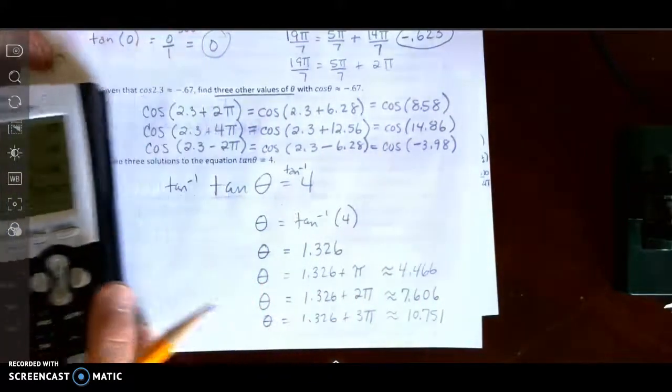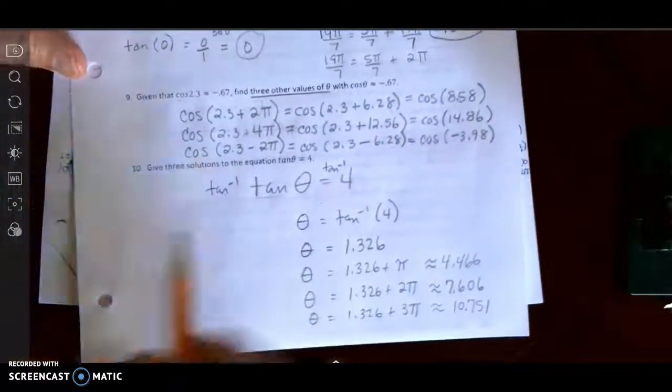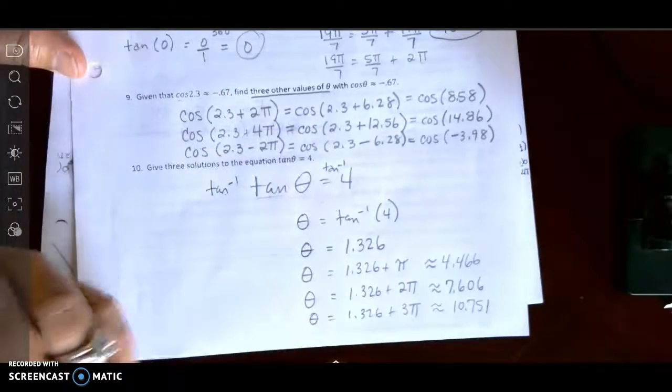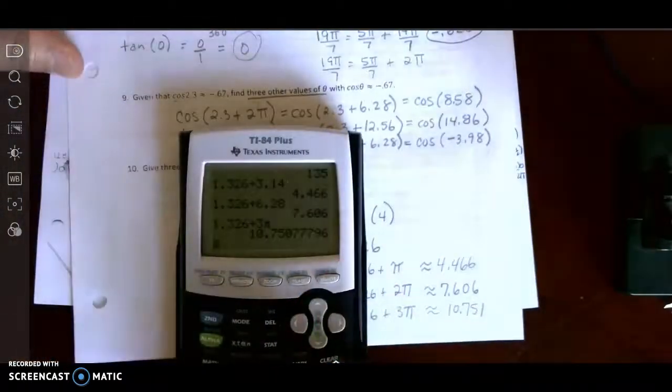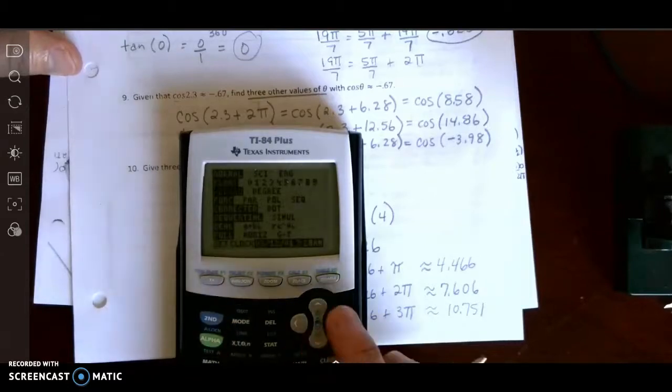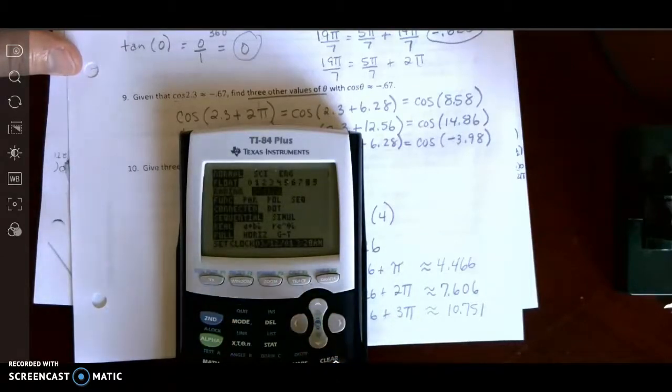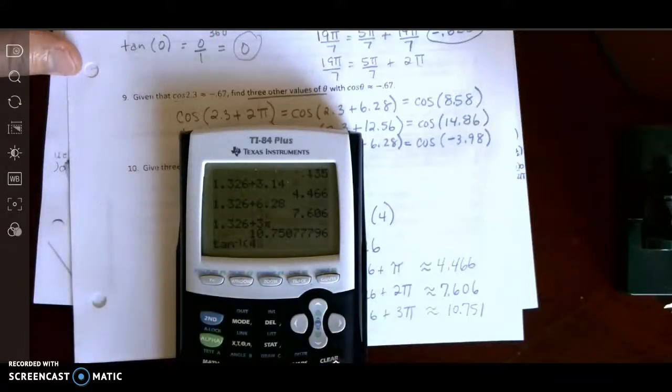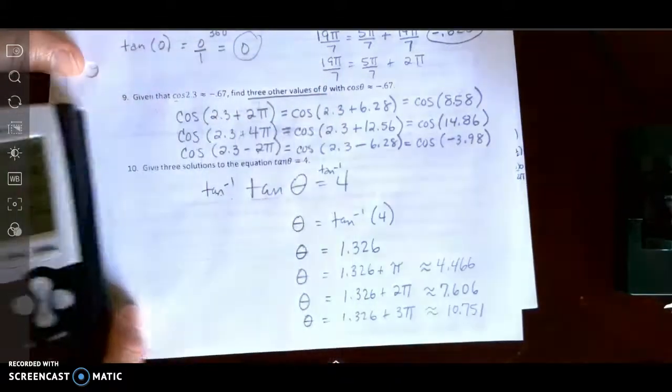Now, if I want to do my theta in degrees, then I would need to go on my calculator to mode and go over to degrees. And now I can do inverse tangent of 4, and I get approximately 76 degrees.